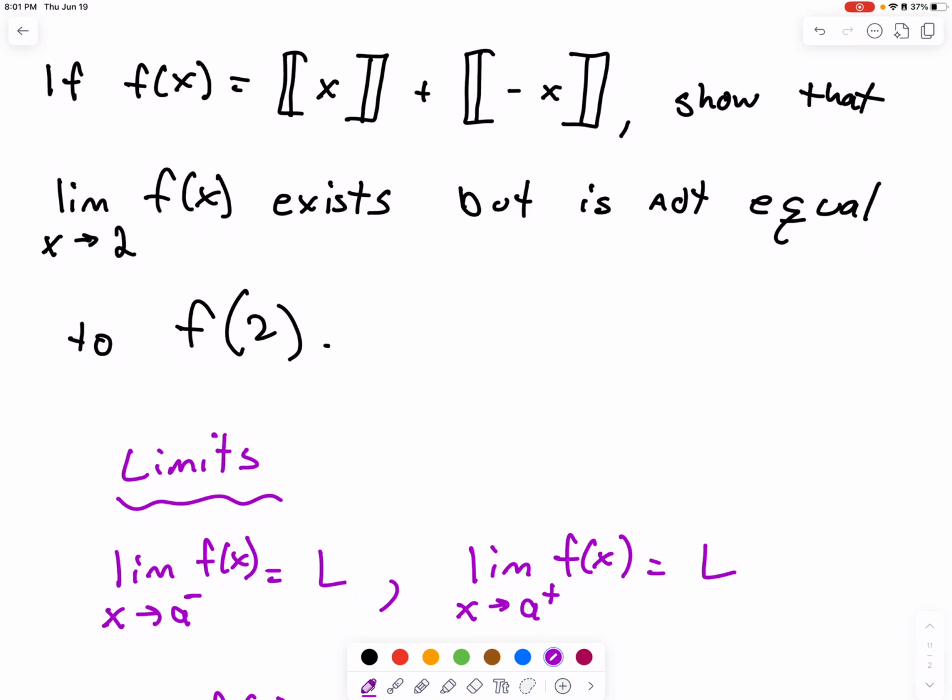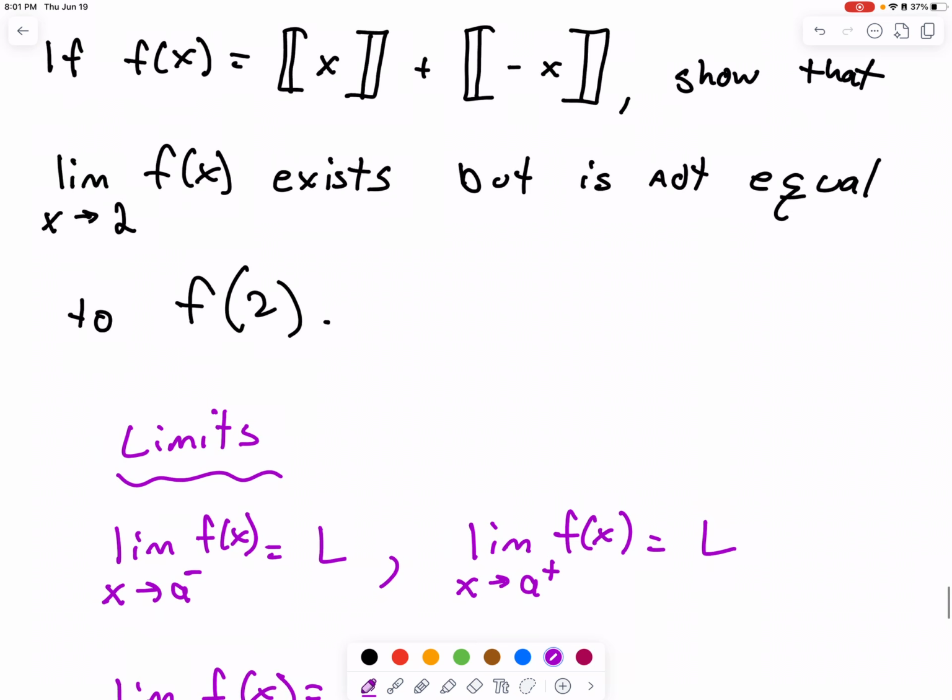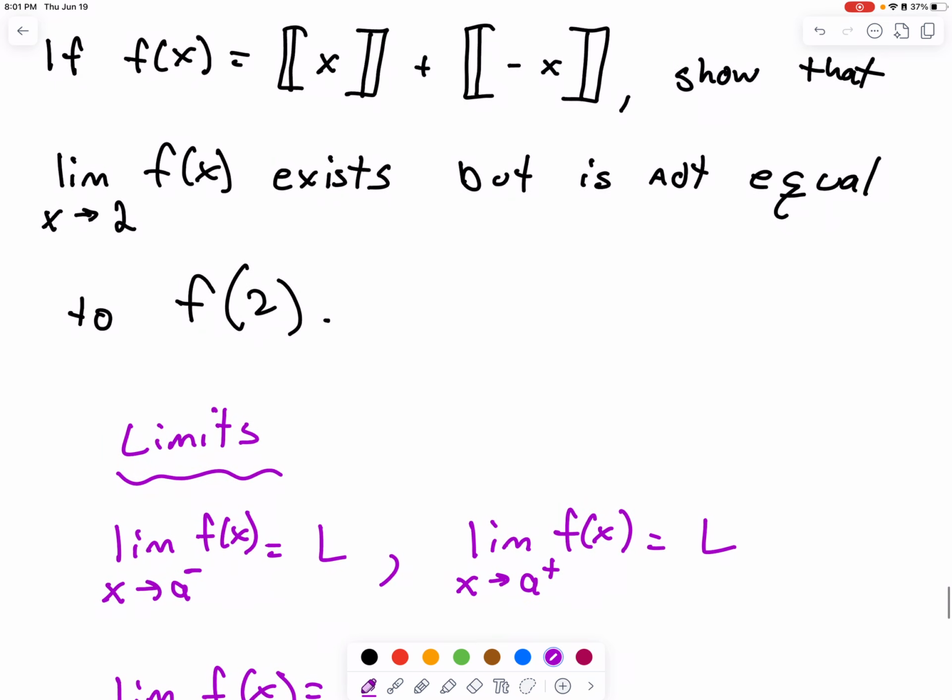Given this function, we want to show that the limit as x approaches 2 of this function exists. So for instance, let's evaluate. When x is 2, the first one is 2.